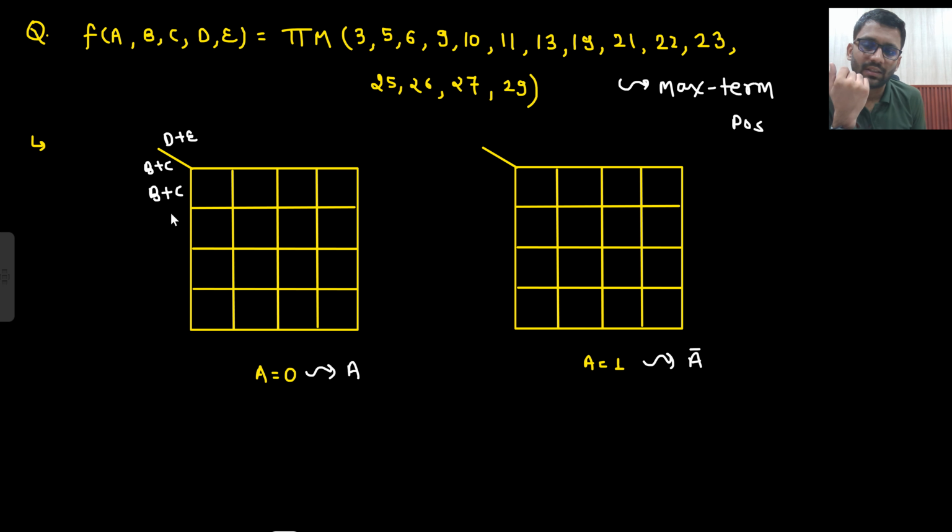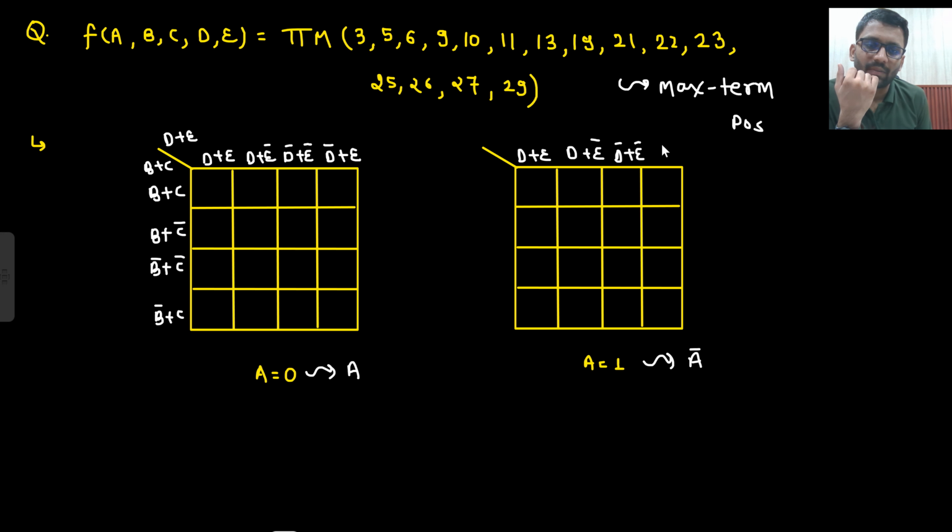This is B plus C, B plus C bar, B bar plus C bar, B bar plus C. D plus E, D plus E bar, D bar plus E bar, D bar plus E.